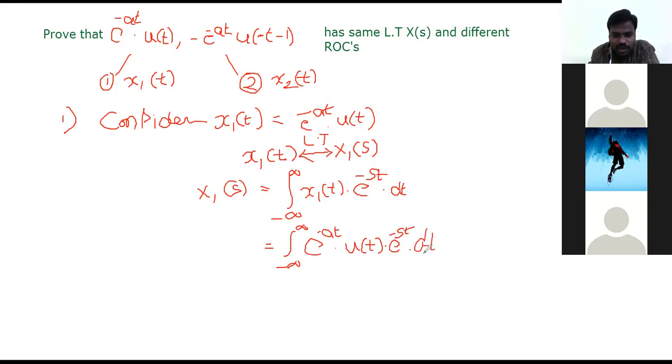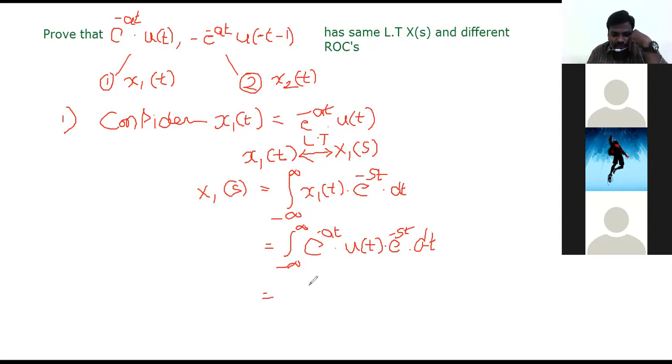Now, according to the basic definition of the unit step signal, substitute u of t is equal to 1 for t greater than or equal to 0, and equal to 0 otherwise. So you need not determine the integration from minus infinity to plus infinity.